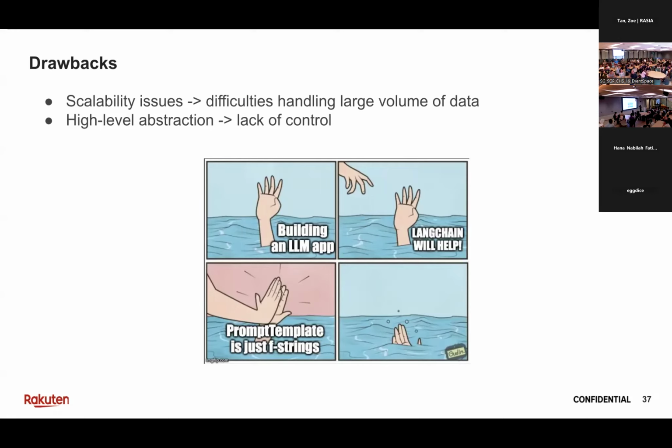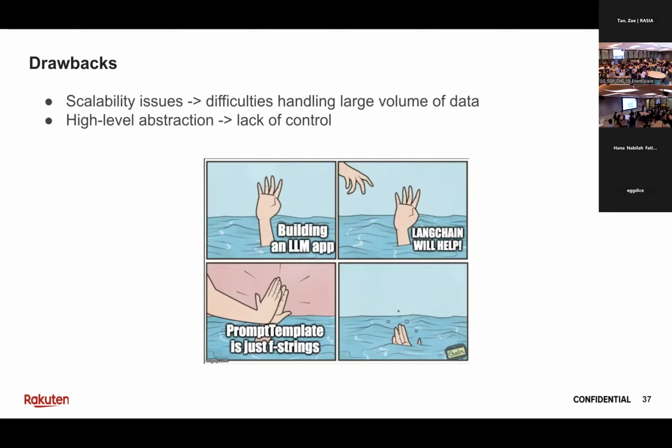We don't really know what's happening behind the scenes, and sometimes you really want to change some things, but you can't really do it because it's all within the LangChain library. They have also mentioned scalability issues and some difficulties handling large volumes of data. And I think this really still comes down to this high level of abstraction. Because again, if there are some parts that they want to change in their application, it's not very easy to do that.